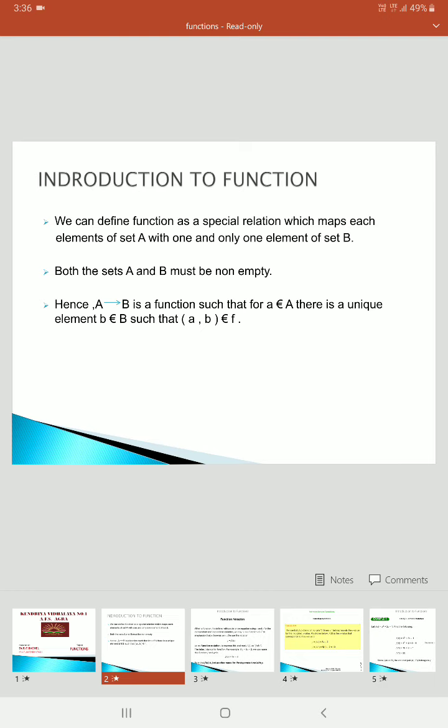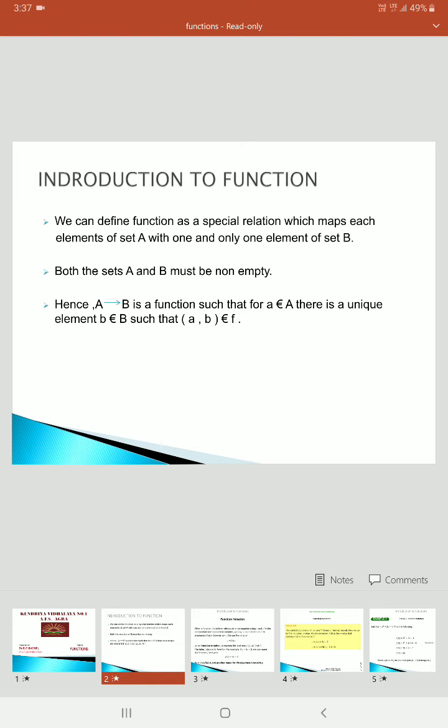Therefore, every relation need not be a function, but every function is a relation. So, in other words, we can say that a function f from a non-empty set A to a non-empty set B, such that every element of set A has one and only one image in set B under f.